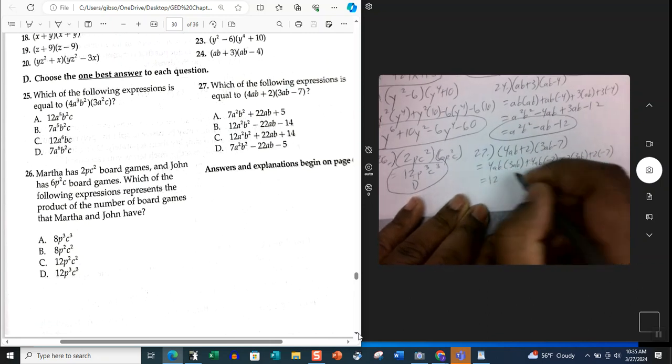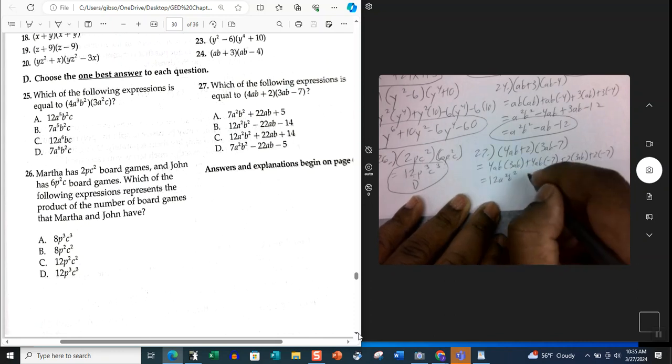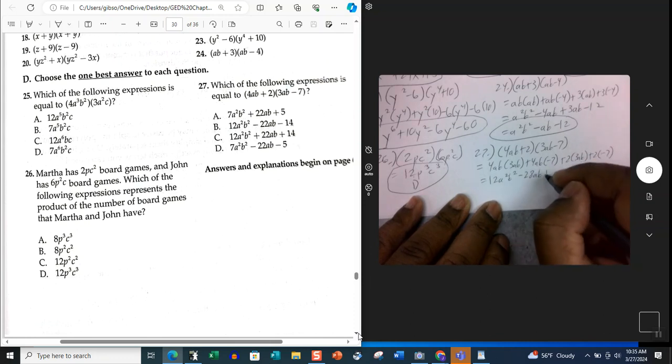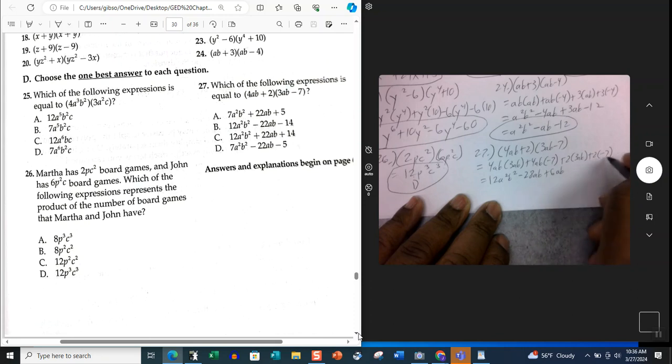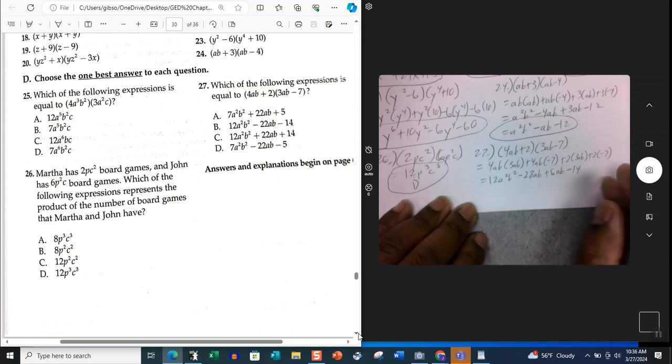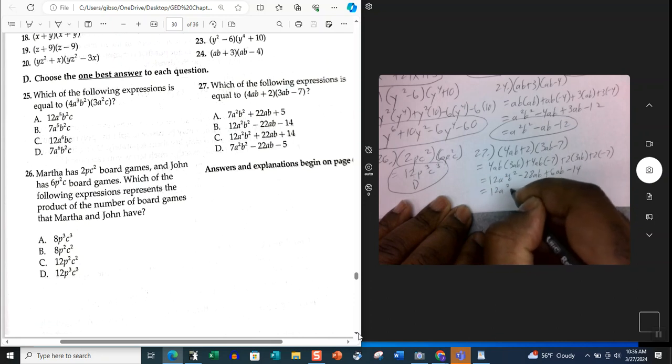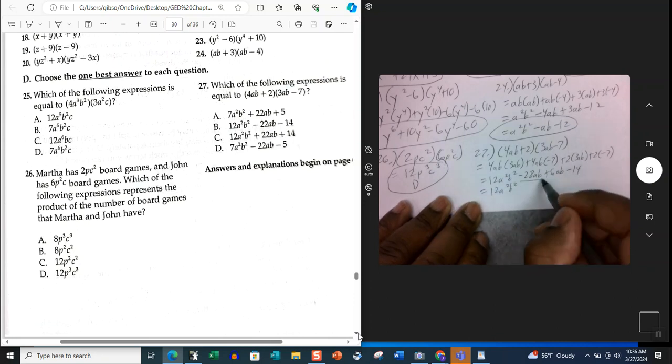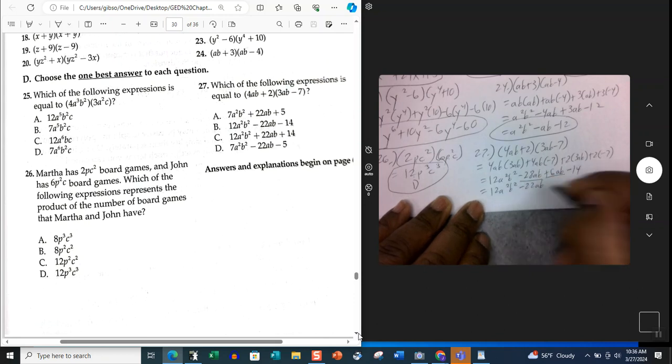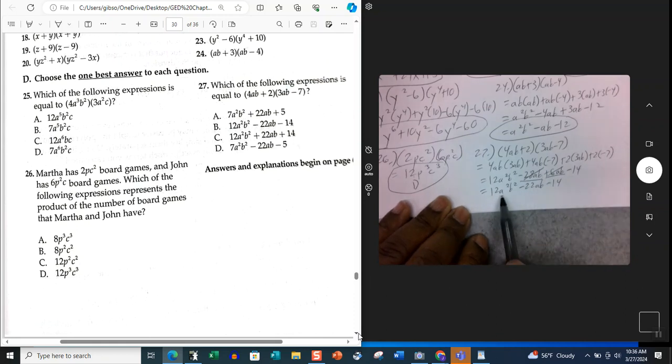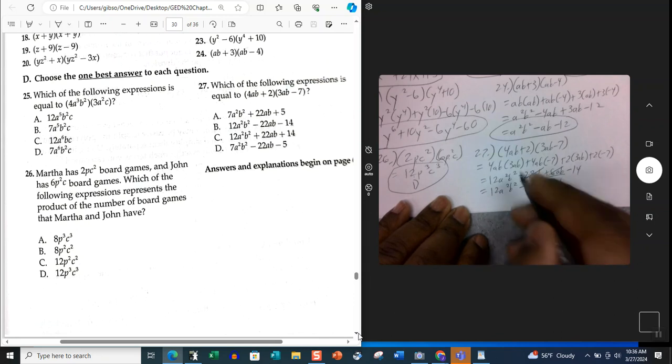So 4 times 3 is 12, a times a is a squared, b times b is b squared. 4 times negative 7 is negative 28ab. 2 times 3 is 6, and we have our ab. And 2 times negative 7 is minus 14. So we add 12a squared b squared, negative 28ab plus 6ab will be a negative 22ab. And then minus 14. So we had 12a squared b squared minus 22ab minus 14, which would be b.